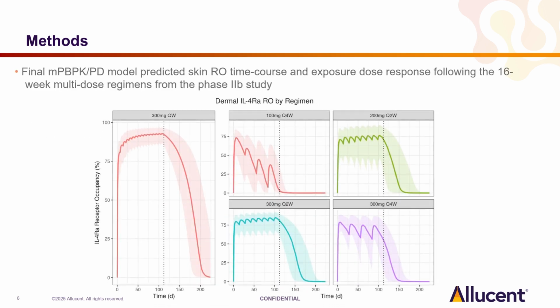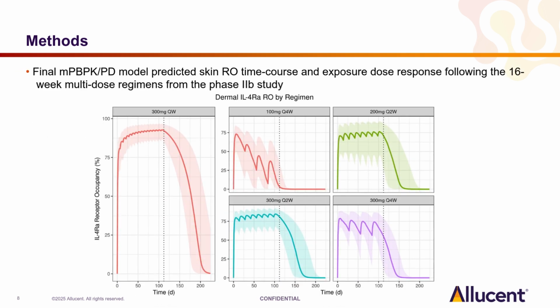So now we have this final minimal PBPK PD model that predicts the skin receptor occupancy time course and exposure dose response following each of the 16-week multi-dose regimens from that same phase 2b study. And so now we have the predicted receptor occupancy over the 16-week dosing period. I should mention that the dashed line is the end of 16 weeks.